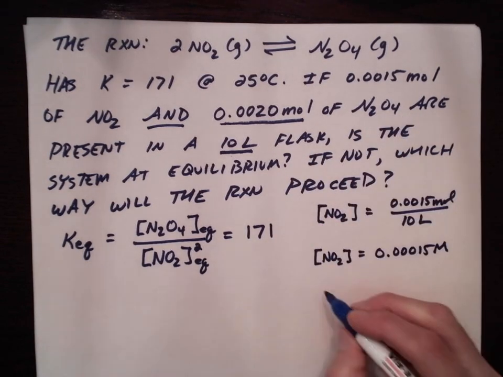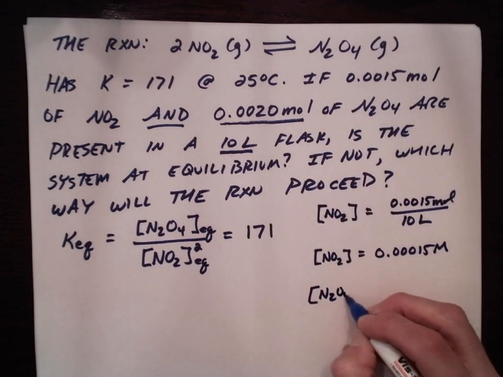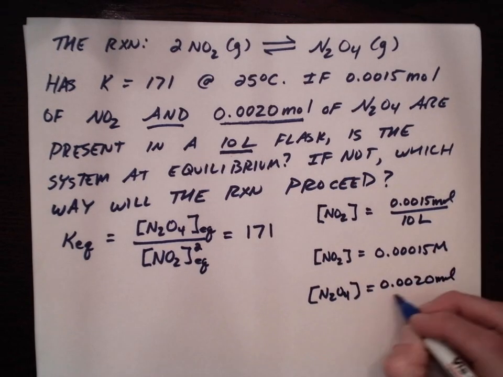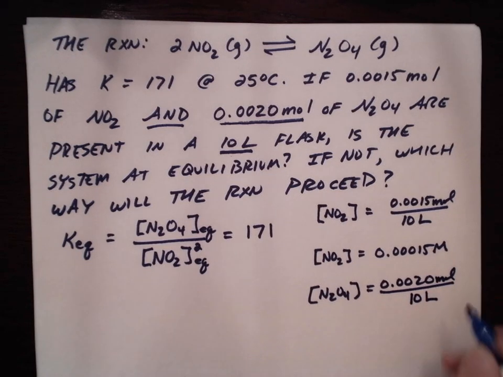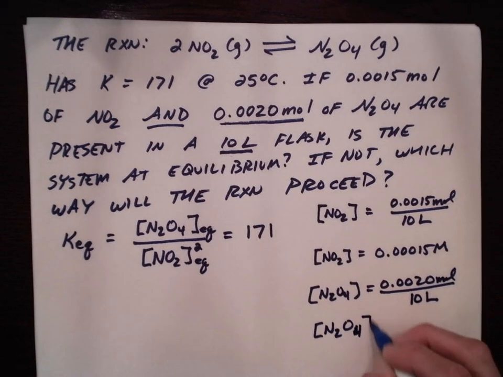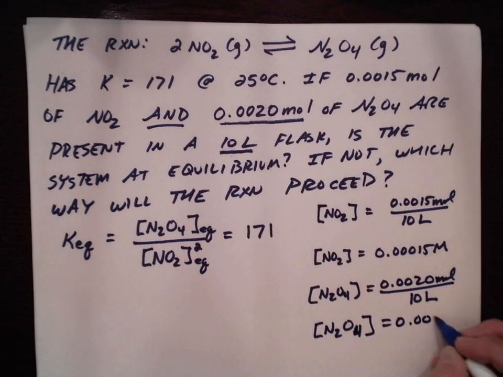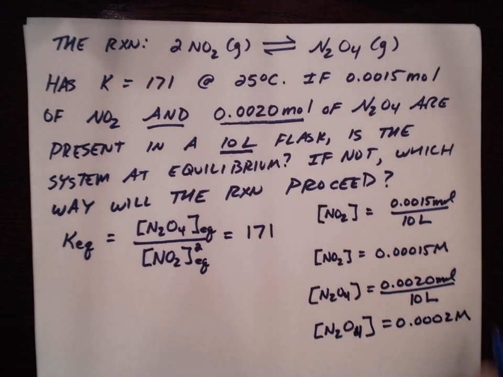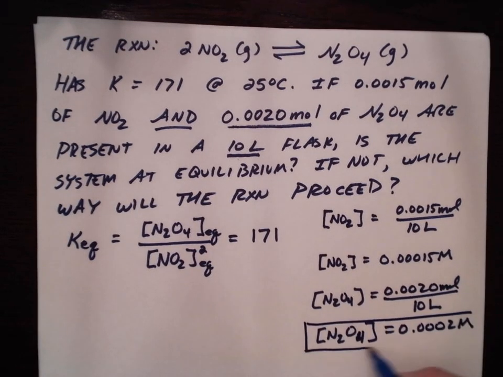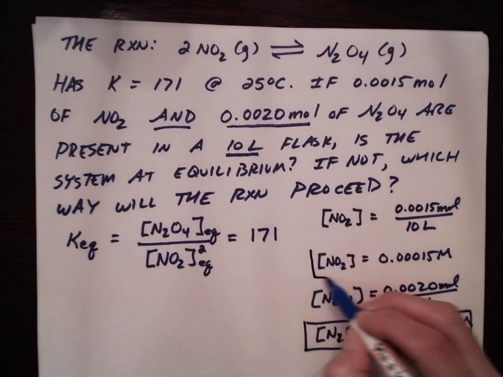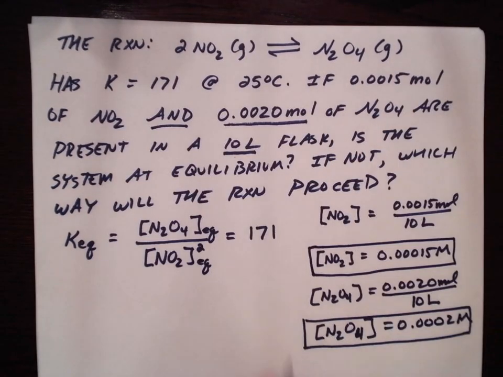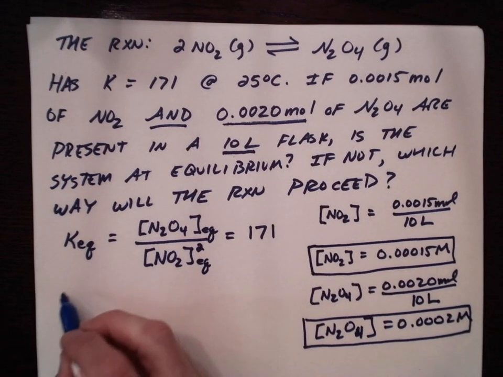Likewise, the concentration of our N2O4 that we can calculate, that's going to be 0.002 moles in our 10-liter flask. And if we run the math there, we'll get a concentration of N2O4 that's 0.0002 molar. So we can use these values. These are the values of the molarity that are going to be in the 10-liter flask. Given all the information that we have, we can calculate Q.